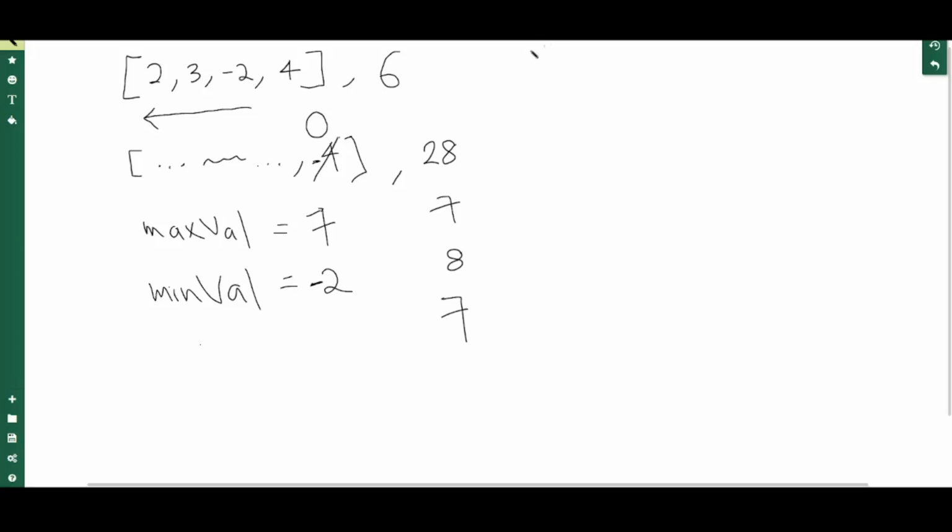So what can we do? Well, let's see, right? As we iterate from the left to right, we have our values, so max val and min val.